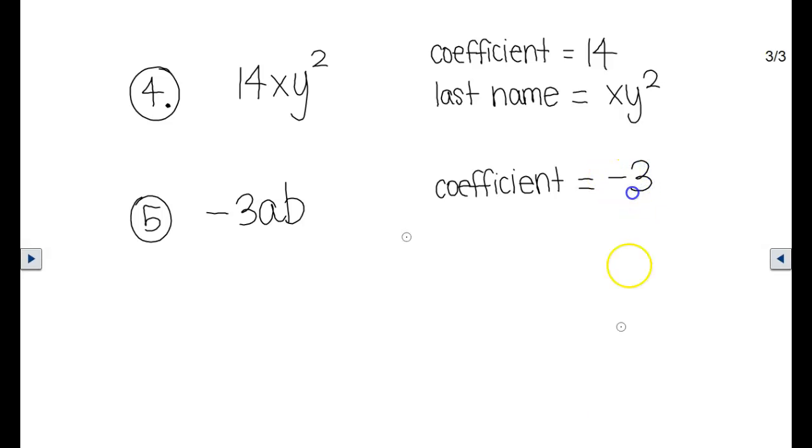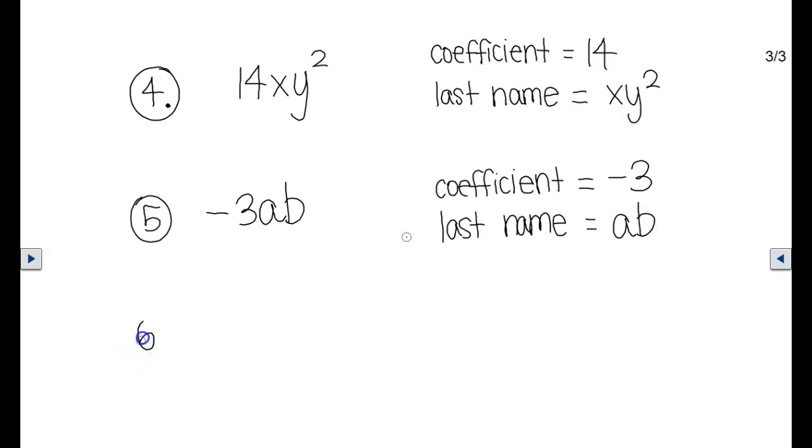Hopefully you're answering -3. Now, same term. What do you think his variable part is? What do you think his last name is? Last name is AB. So we're multiplying -3 times AB in order to get this term.